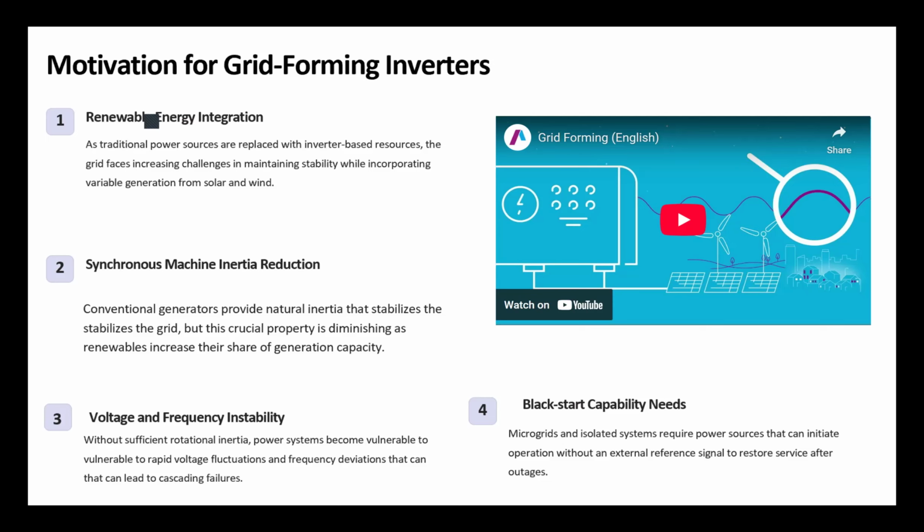So if any transient happens and the grid itself cannot handle that transient, the inverter definitely would not be able to respond properly to that transient. So one thing is that the inertia in inverter-based resources doesn't exist.